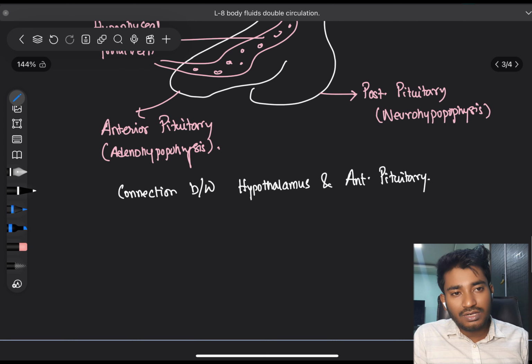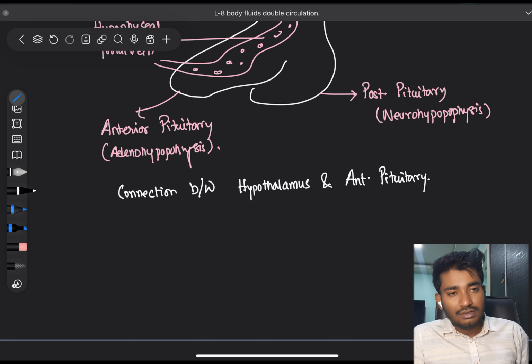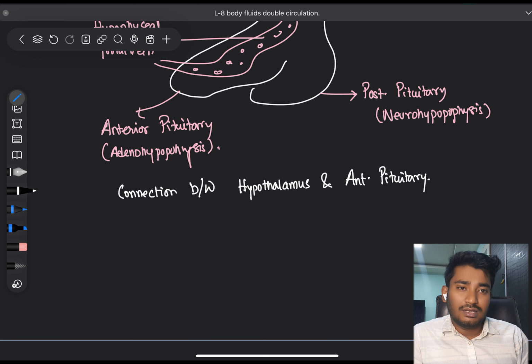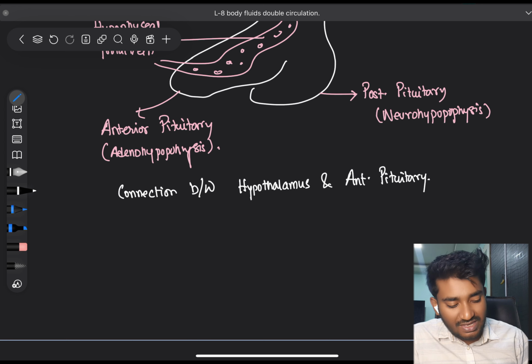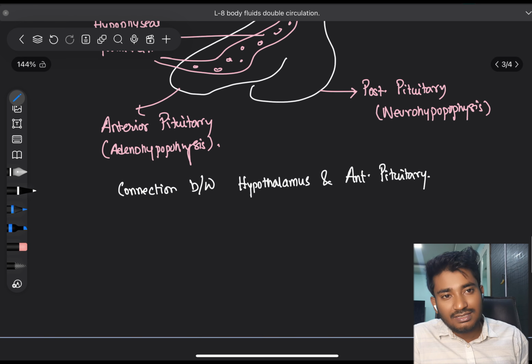By this portal circulation, the signals to release the hormones are given. The releasing hormones, like thyroid stimulating hormone, gonadotropin stimulating hormone, and somatotropic hormone, are released by this channel.